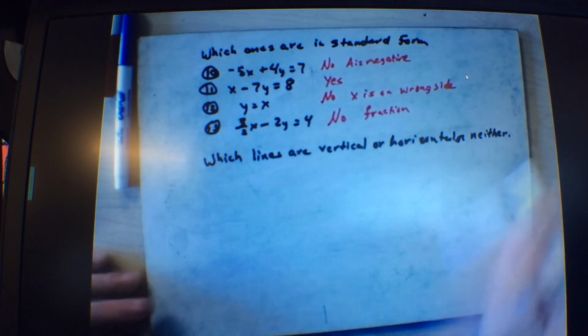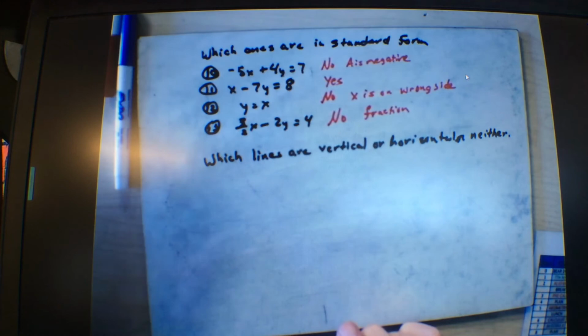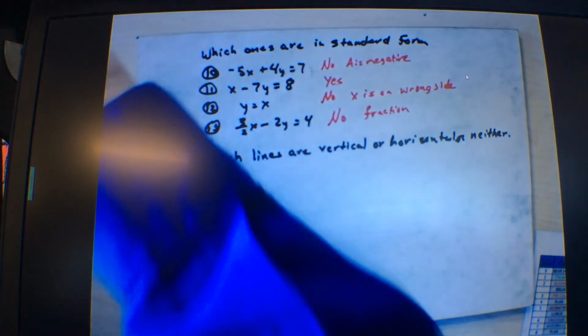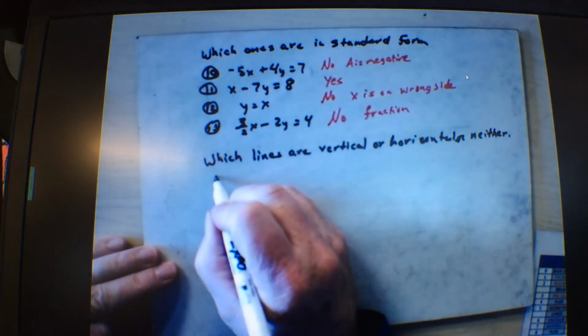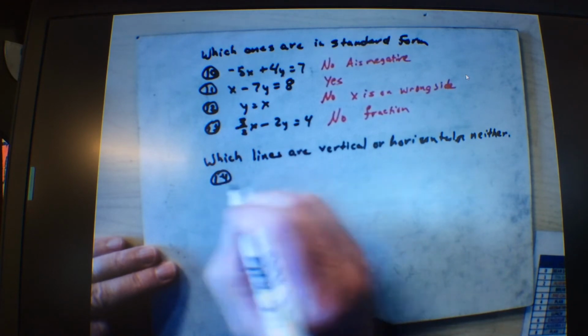That's terrible English. I apologize. Which lines are vertical or horizontal or neither? You write them down. Here we go. I'm going to just put down some lines. 14.